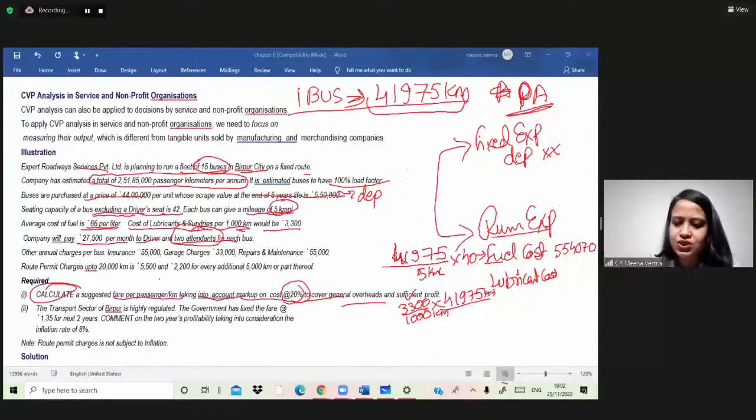What will be the cost for the entire year? Quickly. What will be the lubricant cost here?